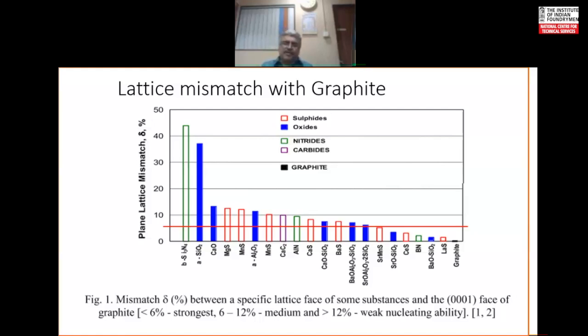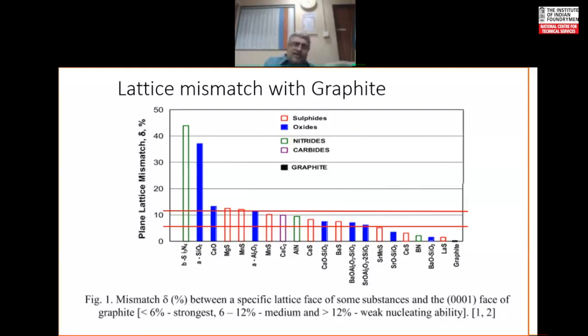Then you have a range of them. You have the sulfides, and you have nitrides, and you have barium silicates, and you have strontium aluminosilicates. Between 6 and 12% mismatch or disregistry, it is a medium level of inoculation ability from this lattice point of view.